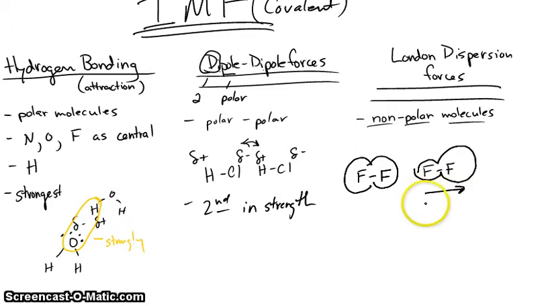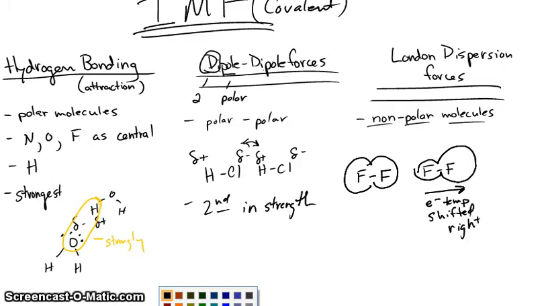So the electrons temporarily shifted to the right. What would happen? Well, you don't have to tell me. Think it. This end would be a little bit negative, and then this end would be a little bit positive. Now, when this end becomes a little bit positive, what happens to these guys?